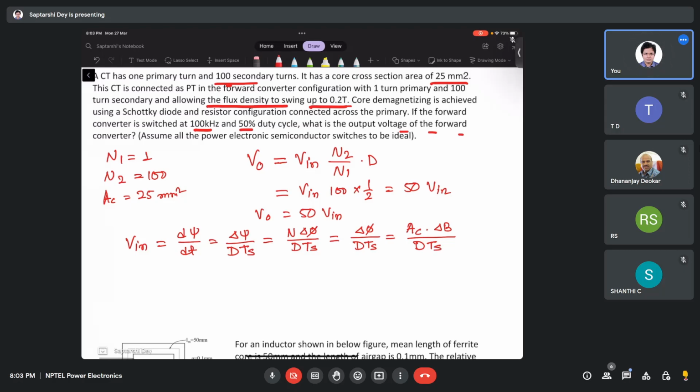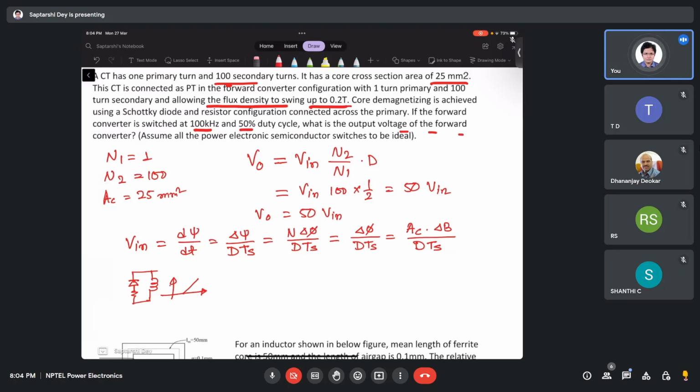Now you see they have said that the winding is being reset by a Schottky diode and a resistor. In other words, the winding is being reset very fast. Schottky diodes are very fast. That means we can assume that at the beginning of every switching cycle, the flux is starting from zero only.